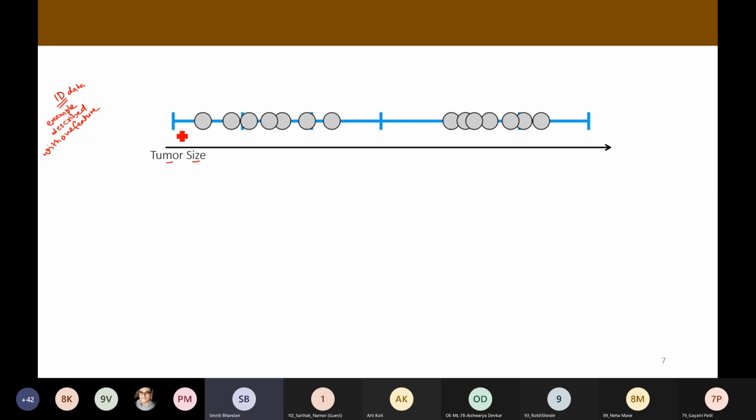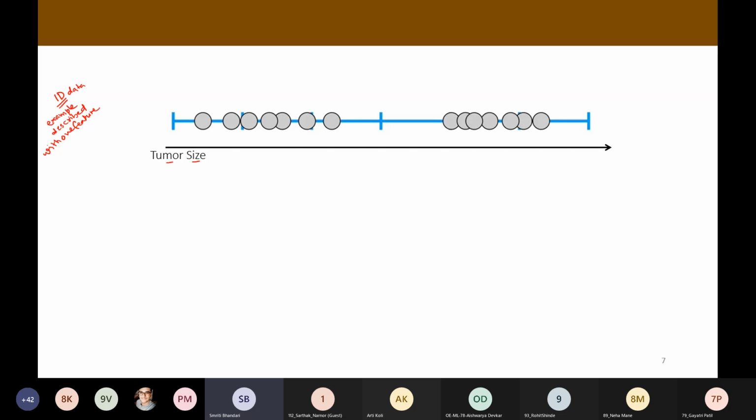So whatever we are looking at here are different samples in our training data set, and every sample is described by its tumor size. As we move from left to right, the tumor size goes on increasing. So the samples towards the left have small tumor size, and the samples towards the right have large tumor size. I hope you have understood what our data is.